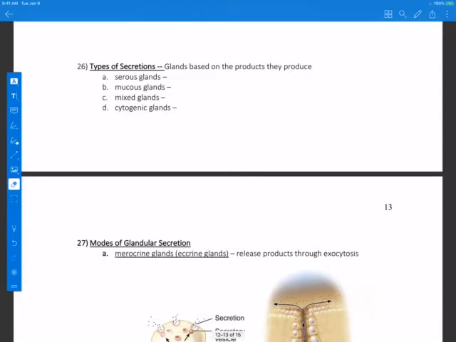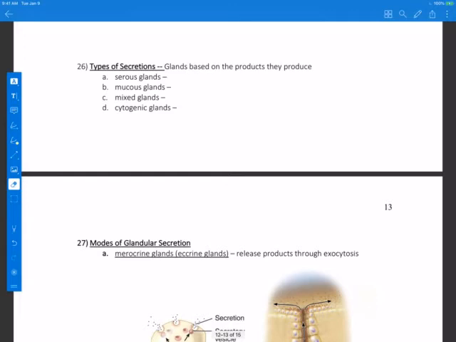And then a cytogenic gland is an exocrine gland that releases whole cells, such as sperm or egg cells. Cyte means cell, and genic is like to produce. So it's producing or releasing whole cells, like the sperm and the egg. All right, so there are 4 types of exocrine glands based on the type of secretion.